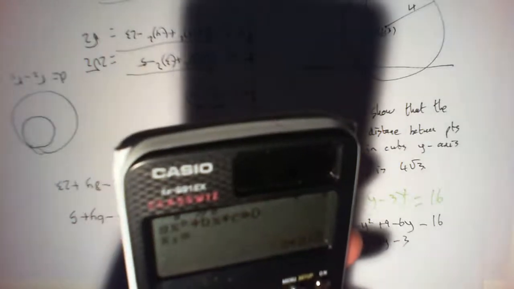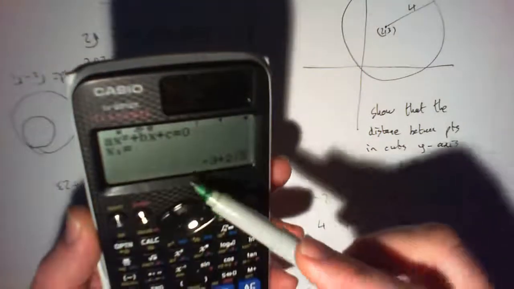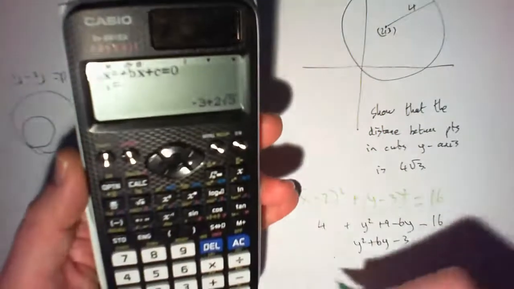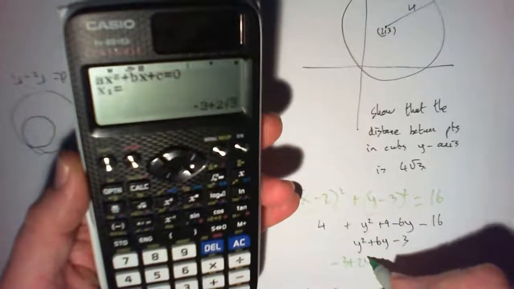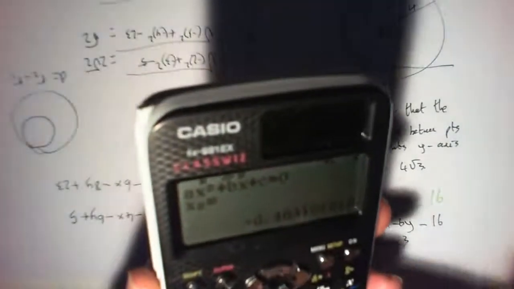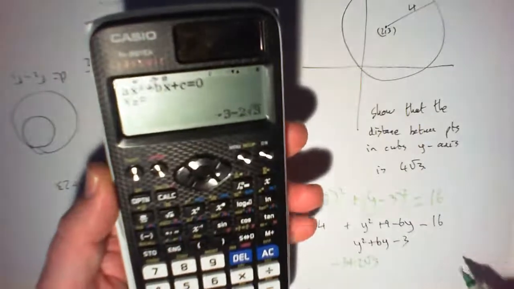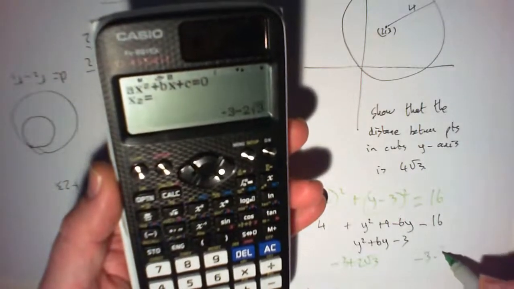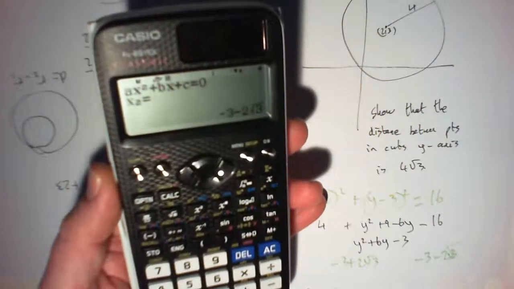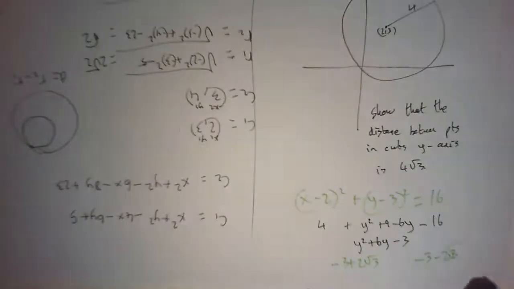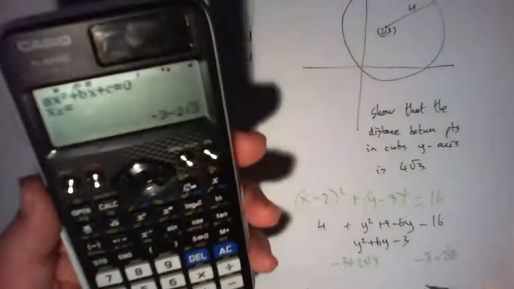So we've got minus 3 plus 2 root 3. And then what's the other one? Minus 3 minus 2 root 3. So there's our 2 possible y values.